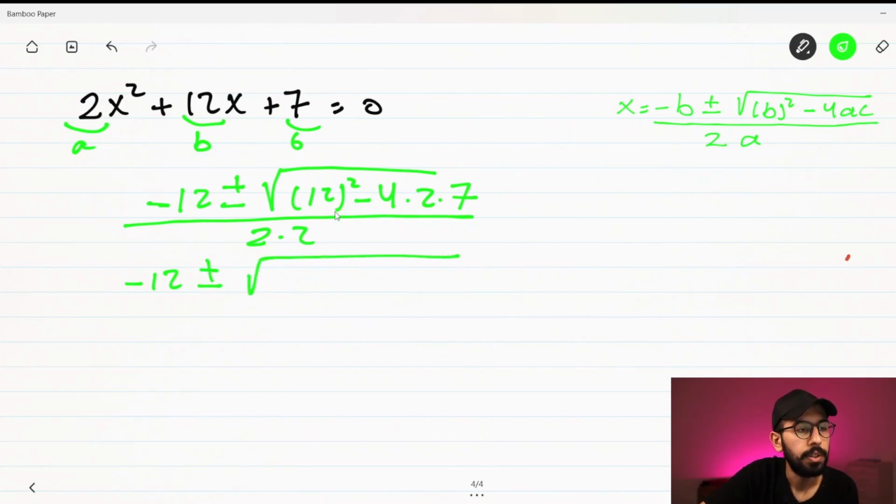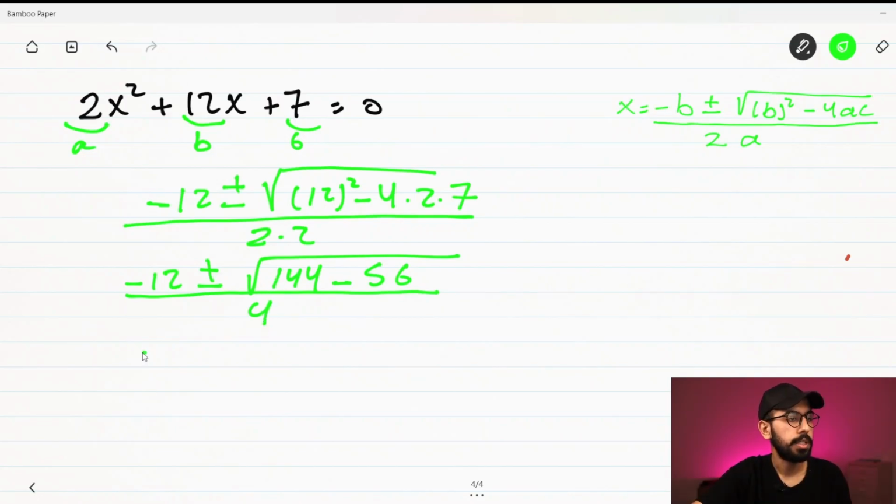Now we have minus 12, positive or negative, the root of 12 by 12 is 144, minus 4 by 2 is 8, 8 by 7 is 56, so we have 56 here, and all of them are over 4. So it is now minus 12, positive or negative, the root of 88 over 4.